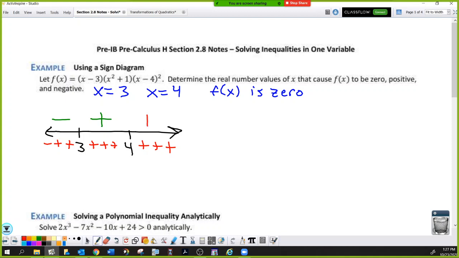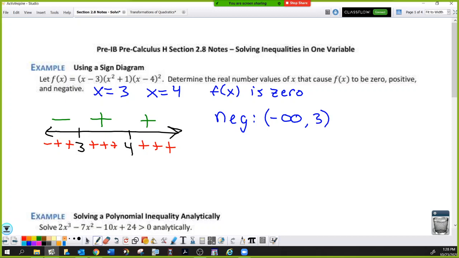Okay. Oh, that should have been green is what I was trying to say. Try one more time. There we are. So f of x is 0 when x is 3 and x is 4. f of x is negative to the left of the number x equals 3.